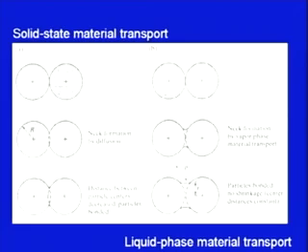Now, this is just to have a brief overview of the basic mechanism of particle to particle bonding during the sintering process. We can see there are two different types of mechanisms. The first one is solid state material transport, and the other one is liquid phase material transport. In solid state material transport, we can see two individual metal particles on your screen.